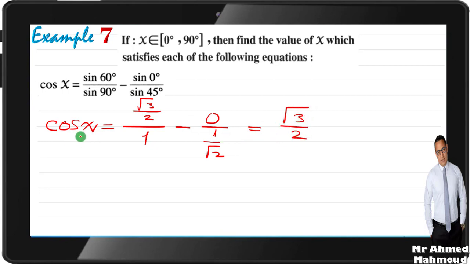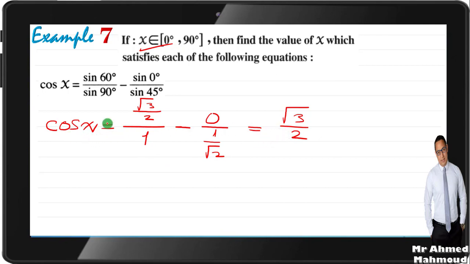X here is positive. X is positive in the first quadrant and in the fourth quadrant by using the ASTC rule. But he gives me that x belongs to the first quadrant, so I will find the answer using the first quadrant only.